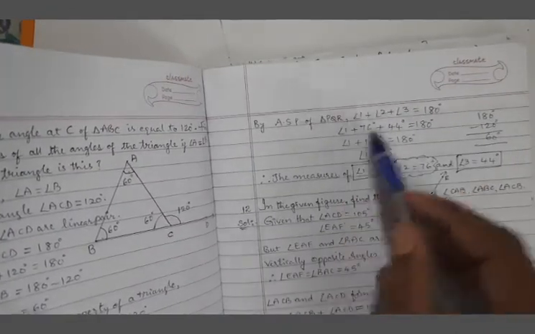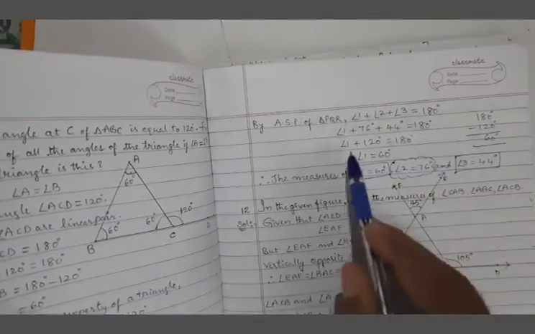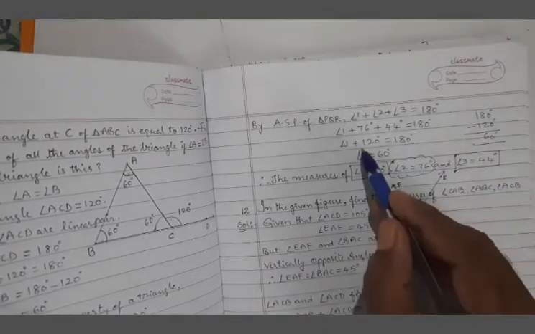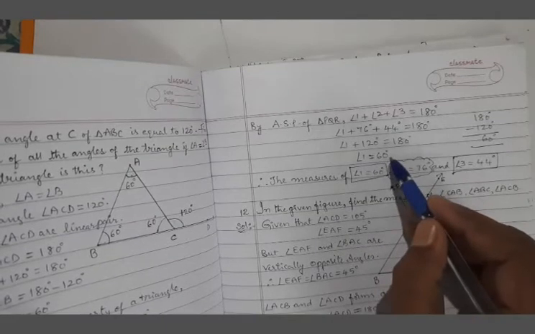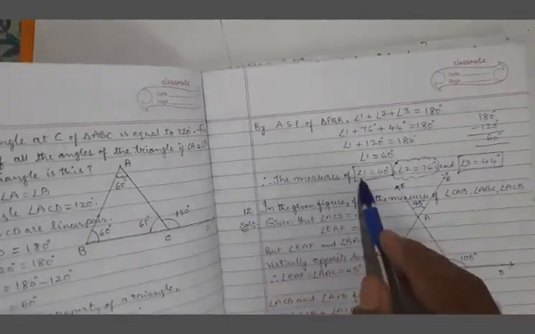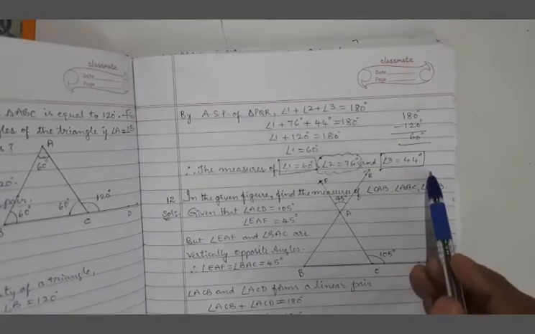Angle 2 is 76 degrees, angle 3 is 44, together 120 degrees. Angle 1 is equal to 180 minus 120, which is 60 degrees. The measures are angle 1 60 degrees, angle 2 76 degrees, angle 3 44 degrees.